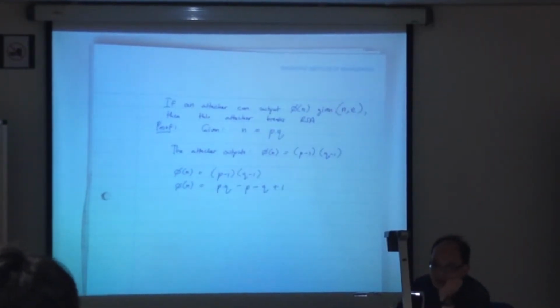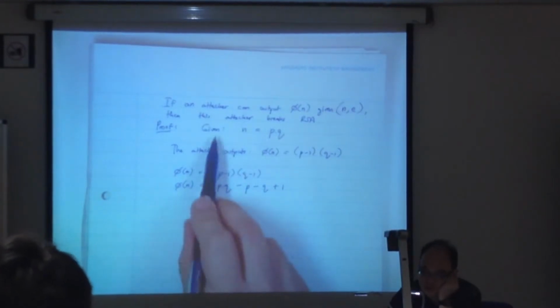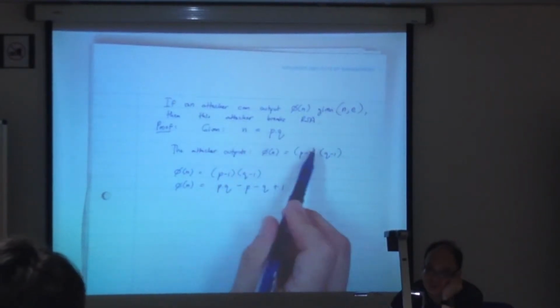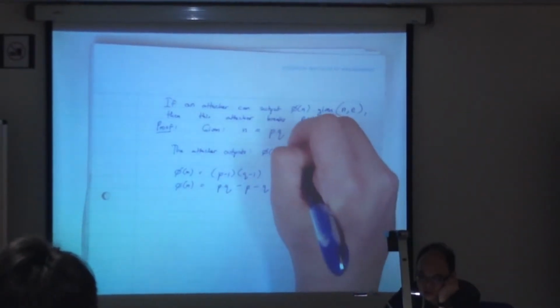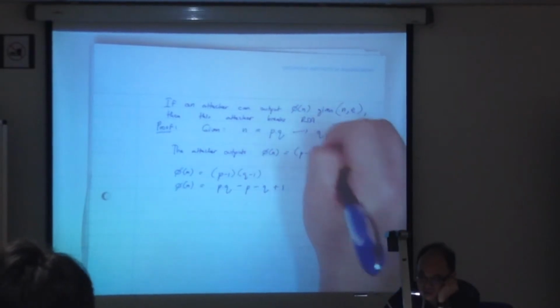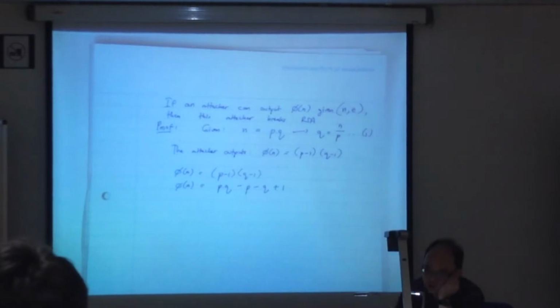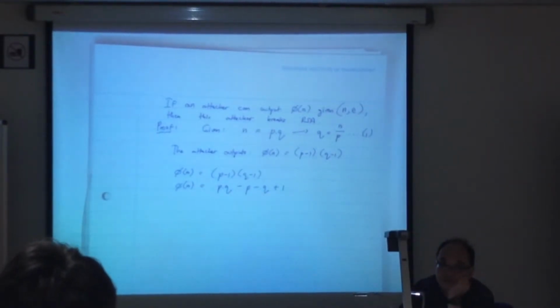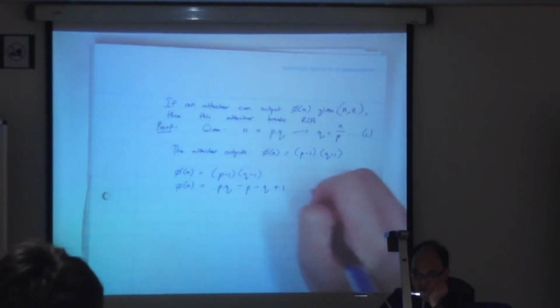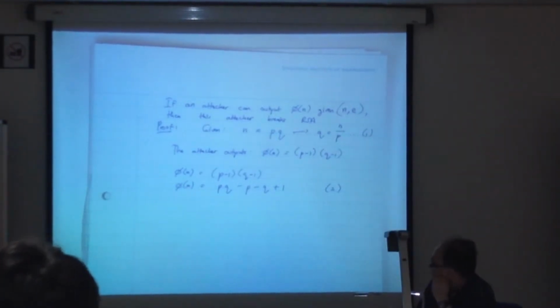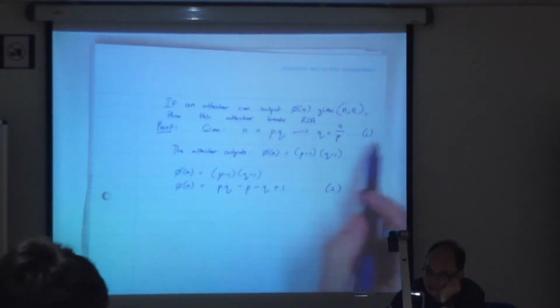Then we are given n is equal to p times q, so I rewrite this: q is n over p. This is what I call equation 1. This is my equation 2. I will substitute equation 1 into equation 2.